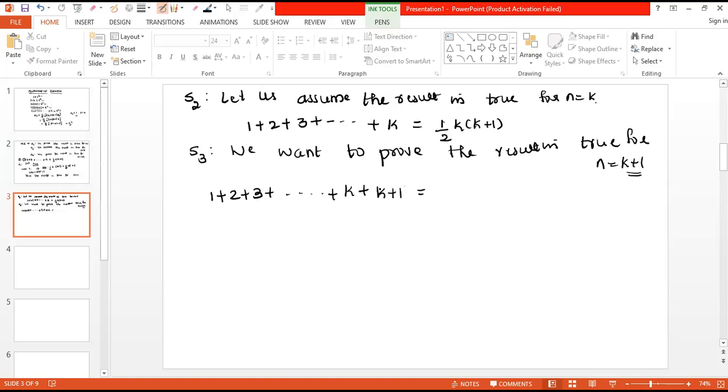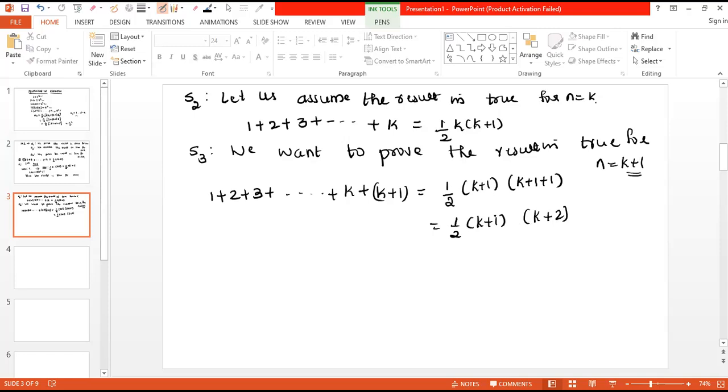On the right hand side, replace k by k plus 1. This will be half k plus 1 into k plus 1 plus 1, which becomes half k plus 1 into k plus 2.